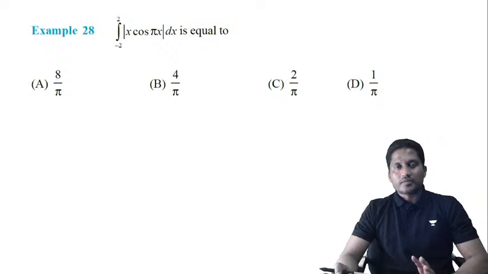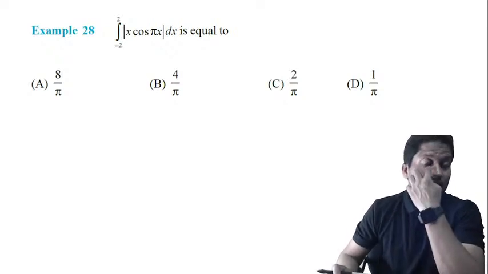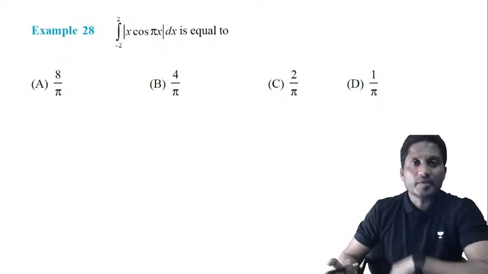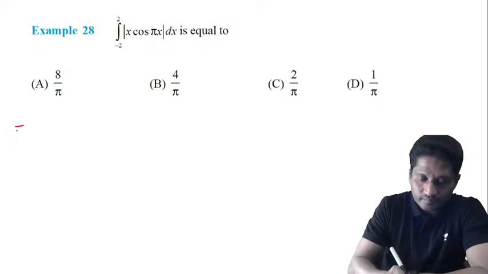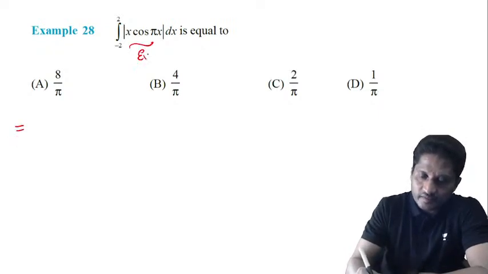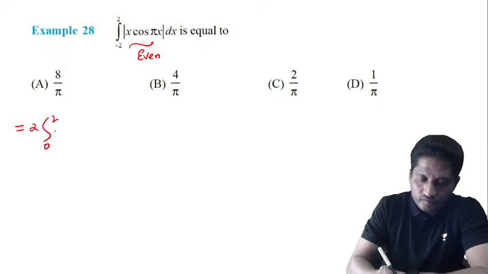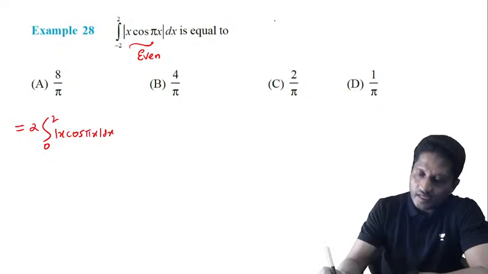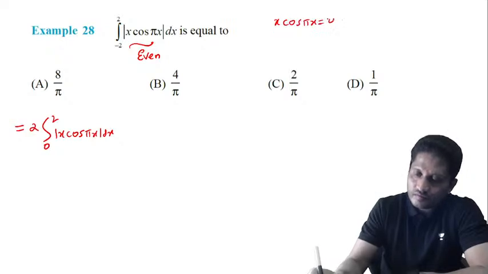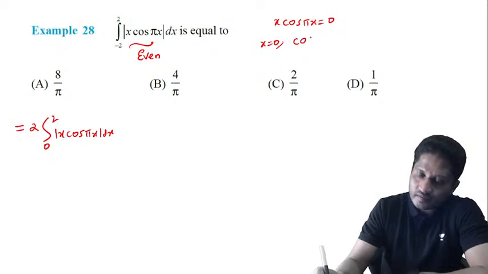See, this is a standard question which was asked in 2020 paper, 2019 paper. It's an even function, right? So I can write 2 times integral 0 to 2 of modulus of x into cos pi x dx. I'll put x cos pi x equal to 0. x equal to 0, which is already the lower limit, and cos pi x equal to 0.